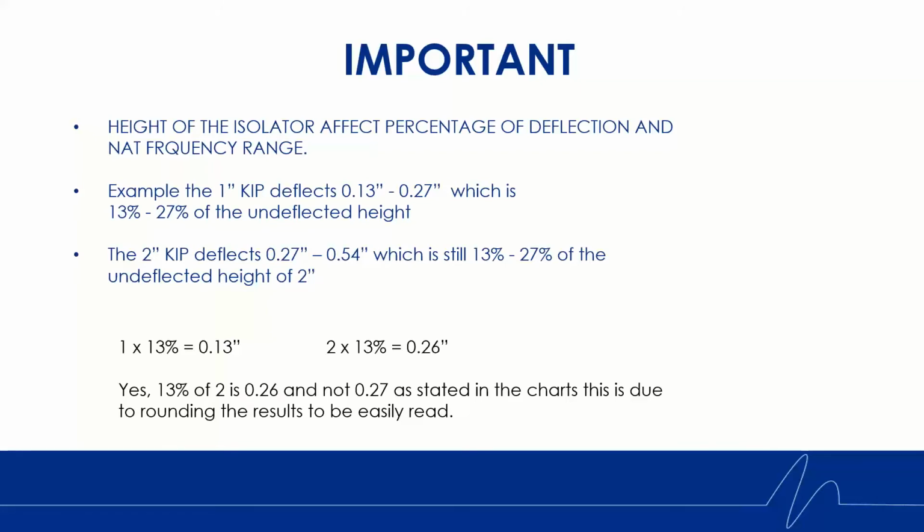As we can see, 1 times 13% is 0.13, and 2 times 13% is 0.26. Yes, 13% of 2 is 0.26 and not 0.27, as stated in the charts. This is due to rounding of the results for the results to be easily read.